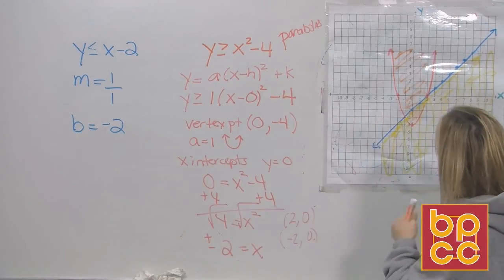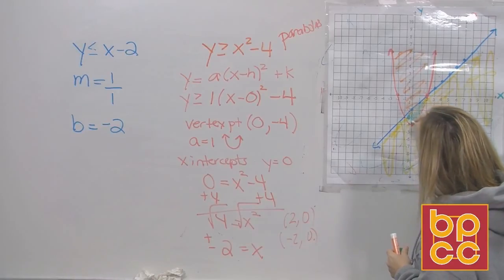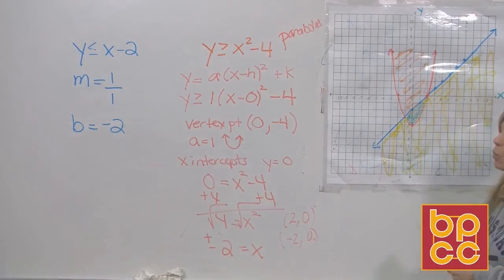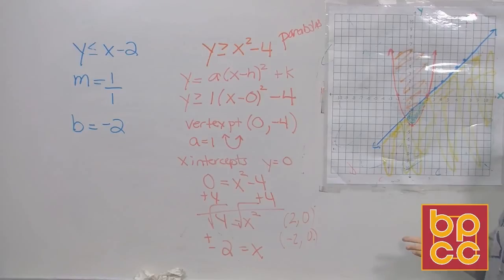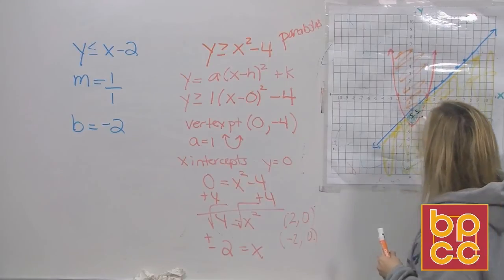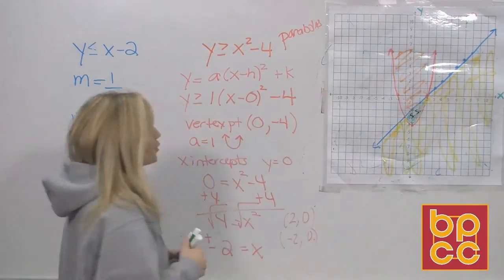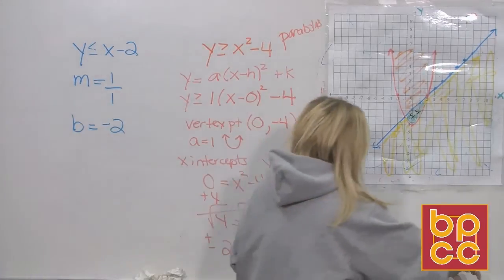The shadings overlapped right in here. This is the solution set. So when you look in a textbook, they'll only have shading in this region. When you're doing it by hand, because you're shading both, put an SS in here to say that this is the solution set.